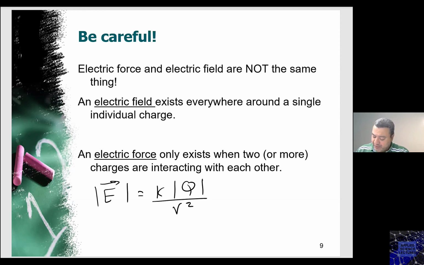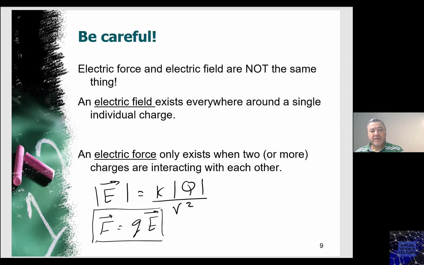However, the force has to have at least two charges in order to have Q times E. If you don't have at least two charges, then the force anywhere surrounding that charge will be zero. So if there's no charge, if Q is zero, then F would be zero.